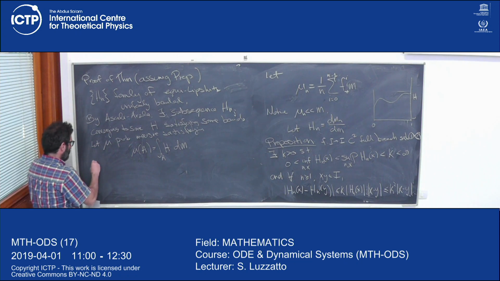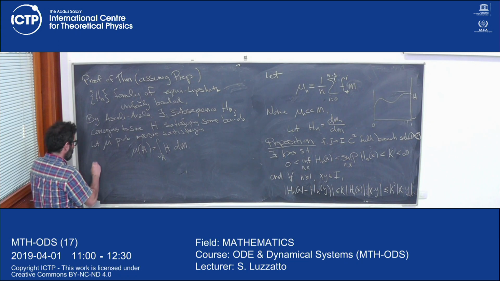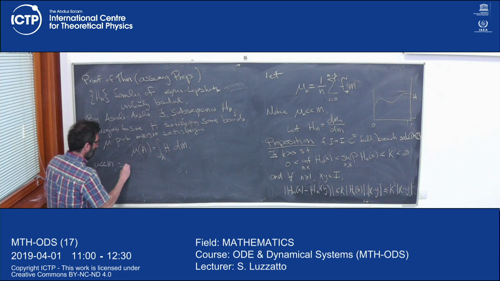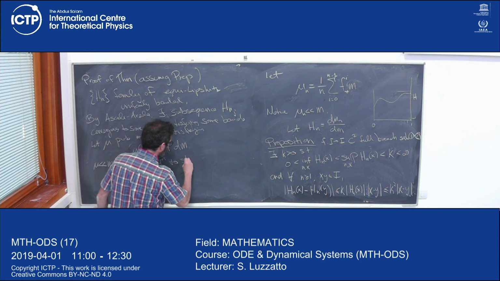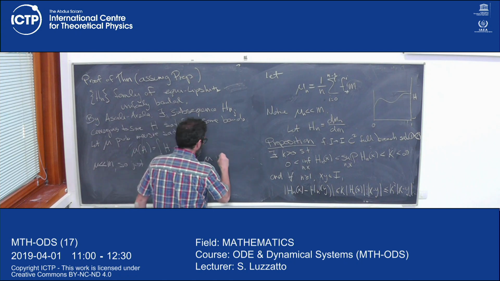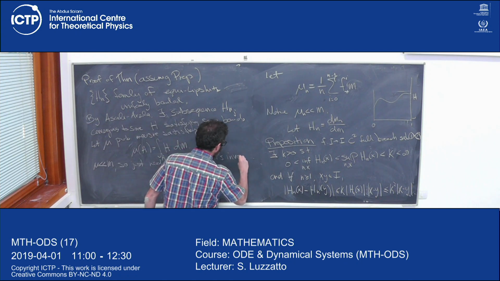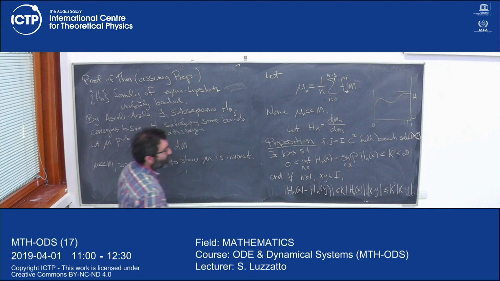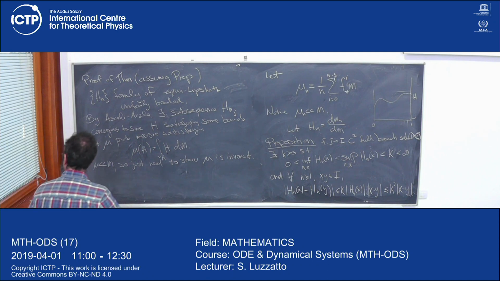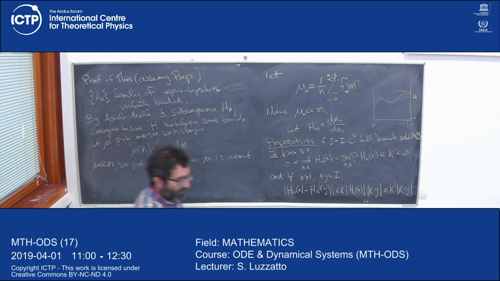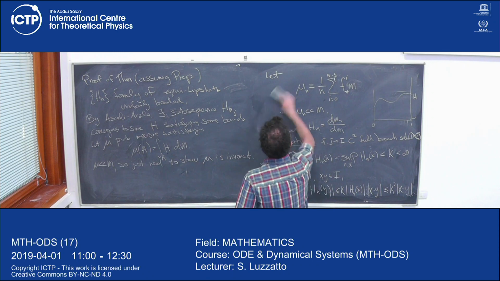So mu is absolutely continuous with respect to Lebesgue, so we just need to show that mu is invariant. There are two simple steps which I will sketch here.